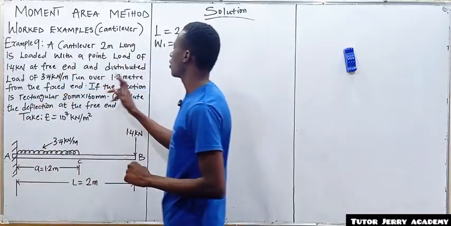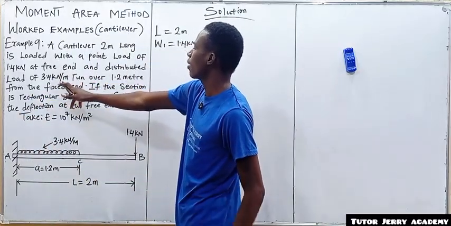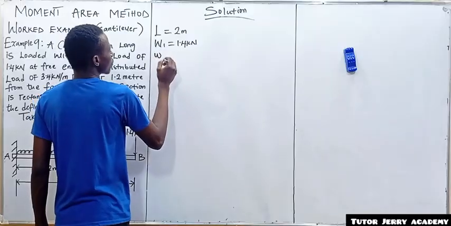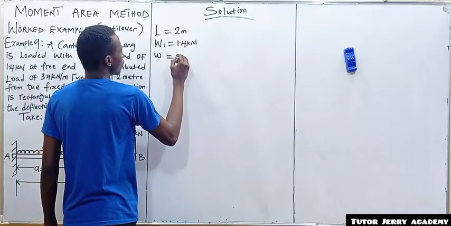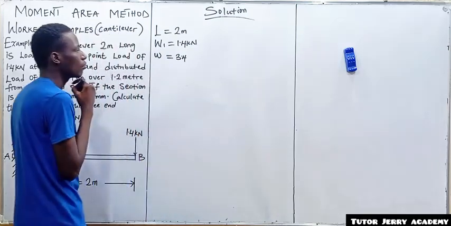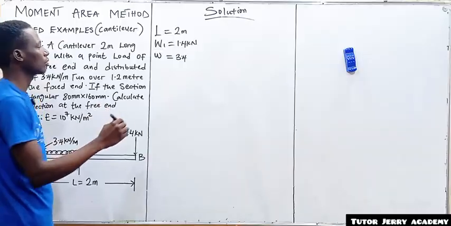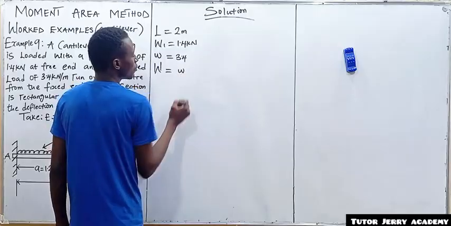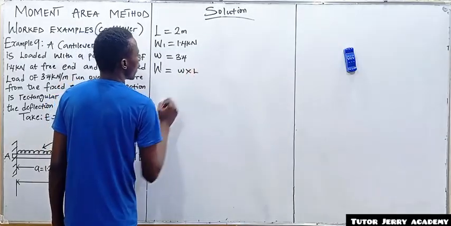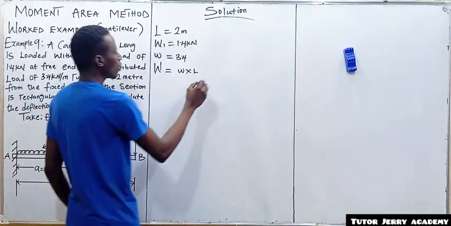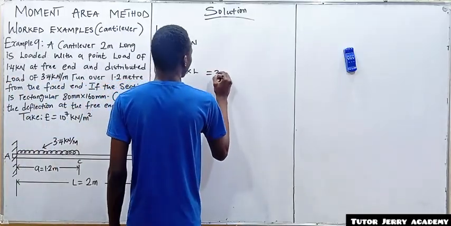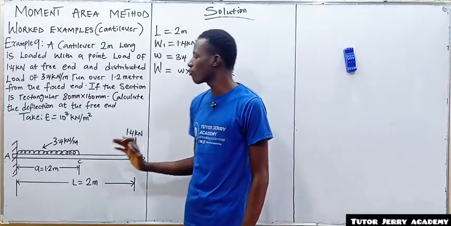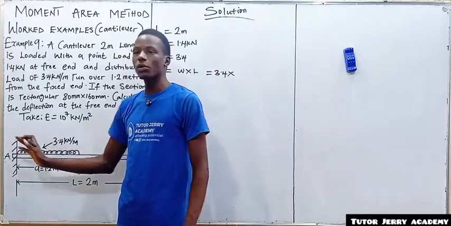Now we also have a distributed load of w of 3.4 kilonewton per meter. So w in small letters is equal to 3.4. Now we know that W, the total load, in capital letters is equal to w, the uniformly distributed load, multiplied by L, where L is the length over which the uniformly distributed load acts.